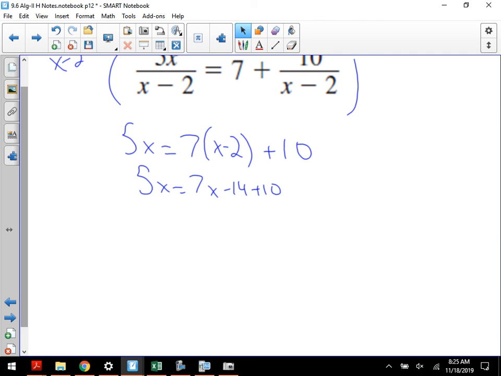So you have negative 2x. You get x equals 2. But what can't x equal? 2. So in this case, this is no solution.